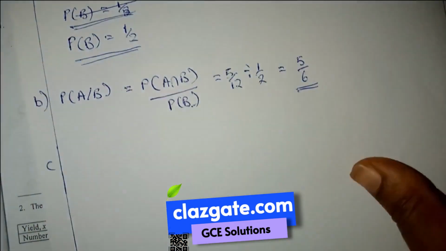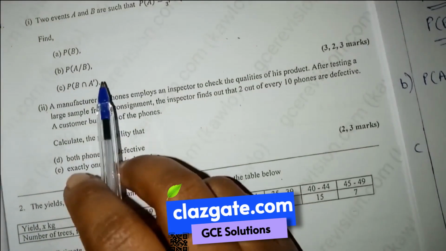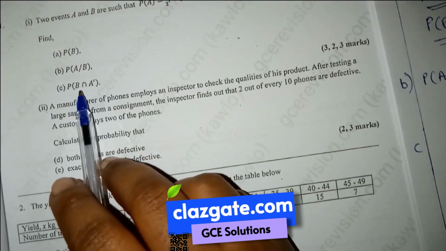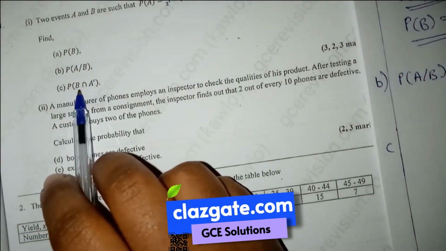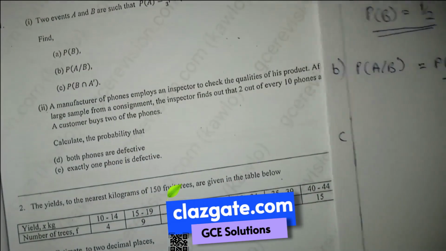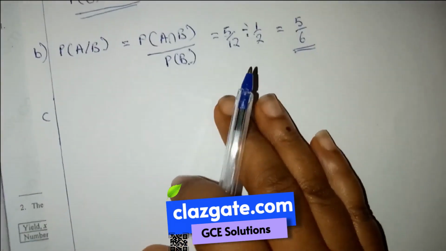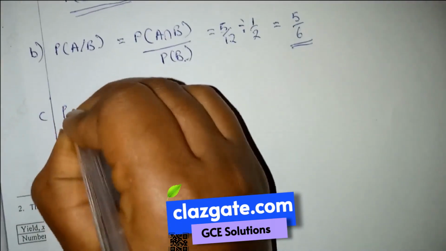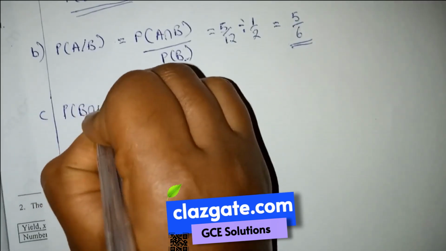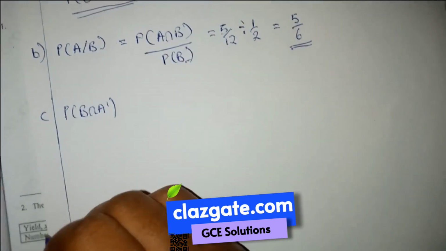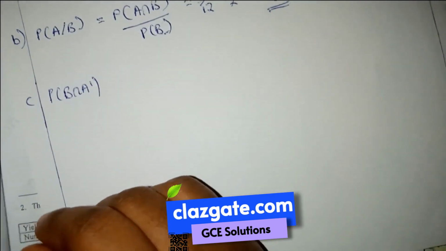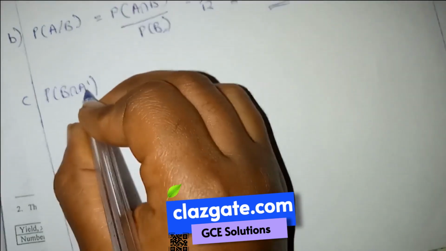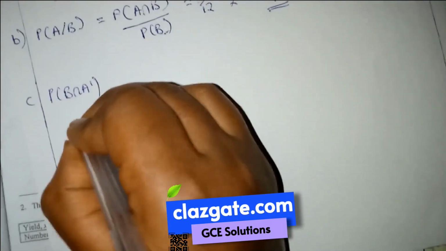And then we'll do part C. Now what is C asking us? C is asking us to find the probability of B intersection A complement.